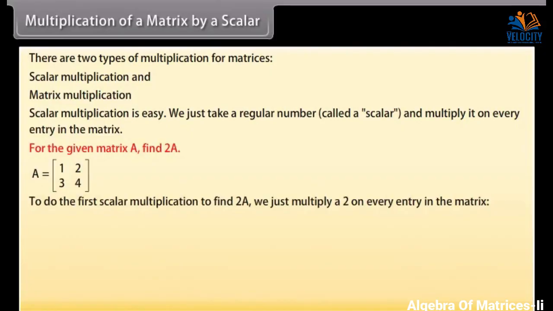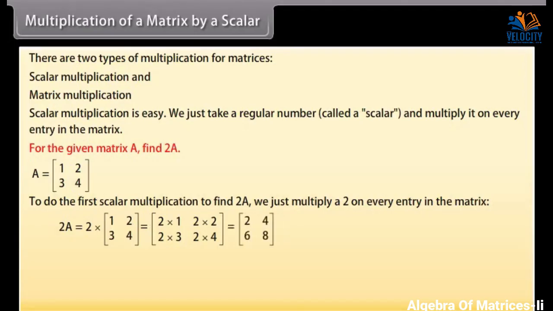To do the scalar multiplication to find 2A, we just multiply 2 on every entry in the matrix. 2A is equal to 2 times the matrix with first row 1, 2 and second row 3, 4, which is equal to the matrix with first row 2 times 1, 2 times 2 and second row 2 times 3, 2 times 4, which is equal to the matrix with first row 2, 4 and second row 6, 8.